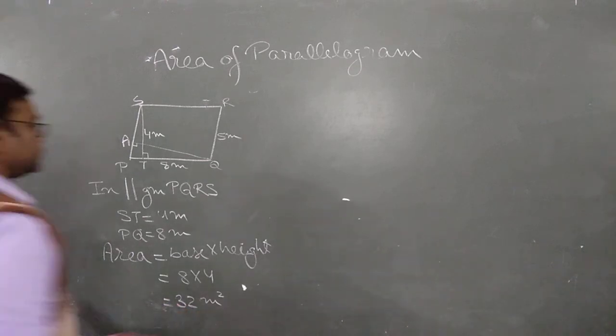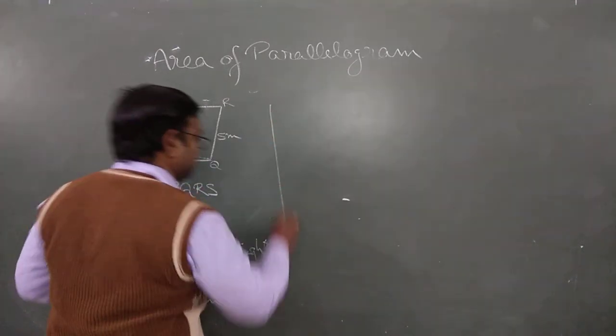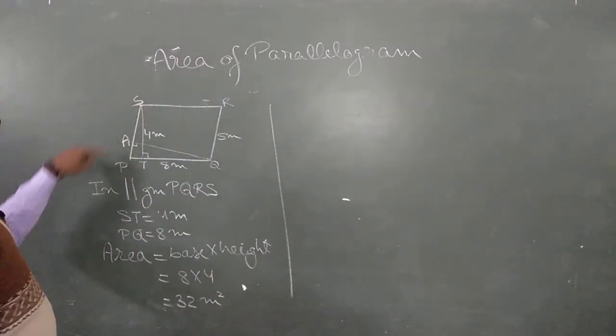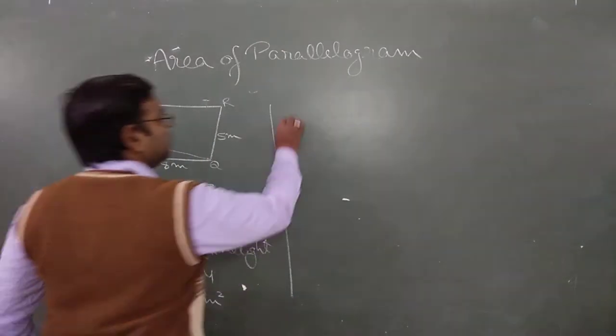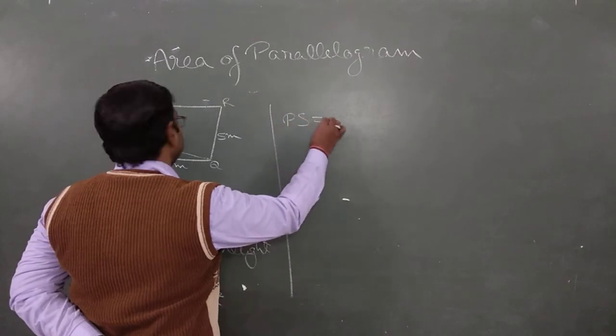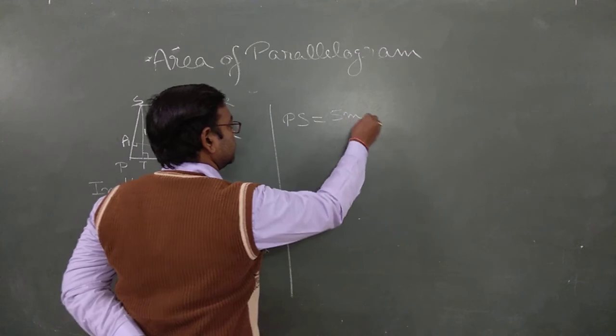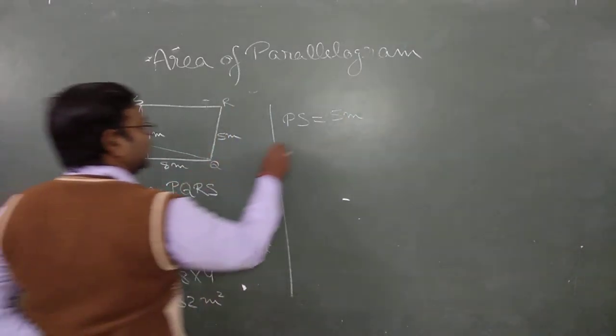Now again, in this parallelogram, it is given that base SP, PS, we know PS equals 5 meter, and we don't know AQ.